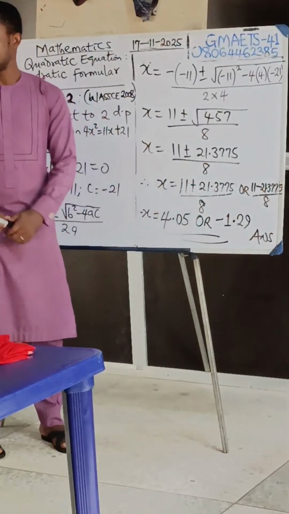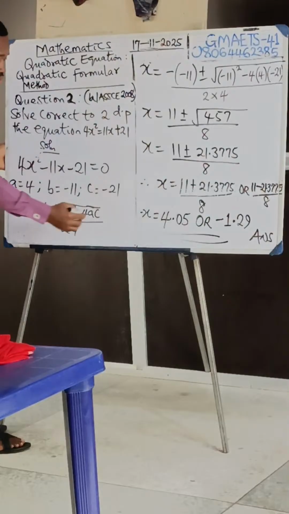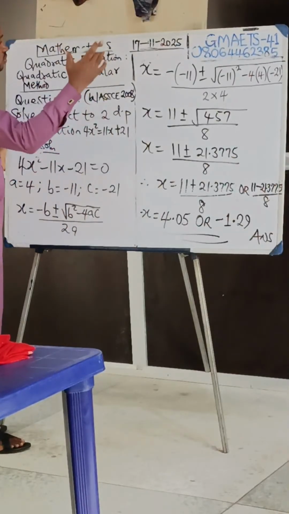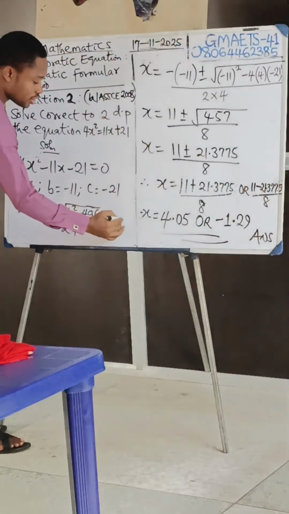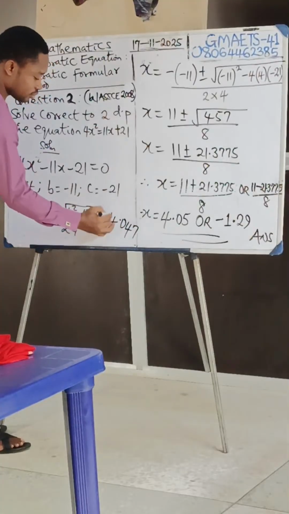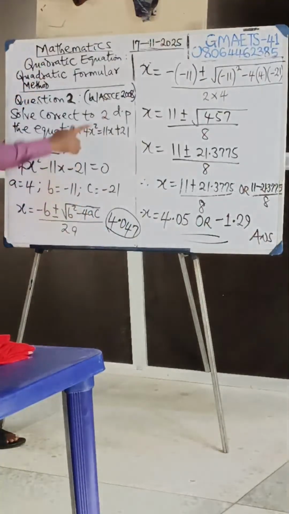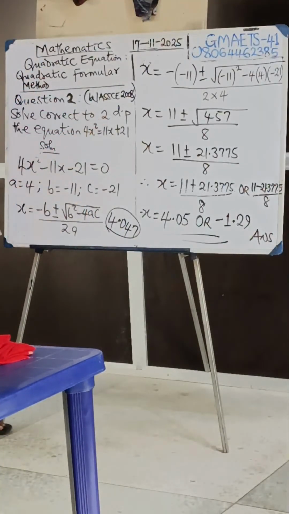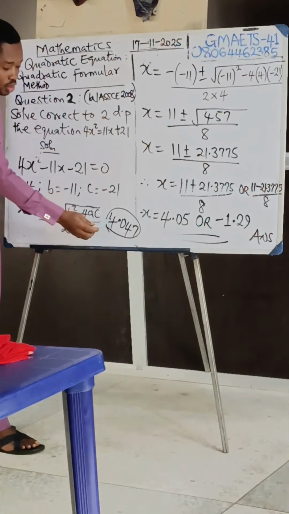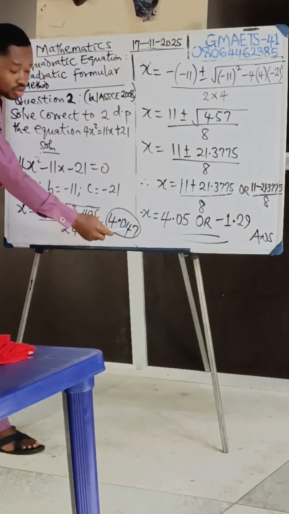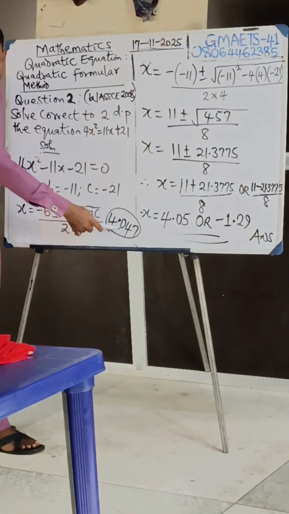4 point what? So you got 4.047. Now you are asked to give your answer in 2 decimals, which means after this whole number, you pick 1 decimal, 2 decimal. Why are we counting this 0 as part of our decimal?